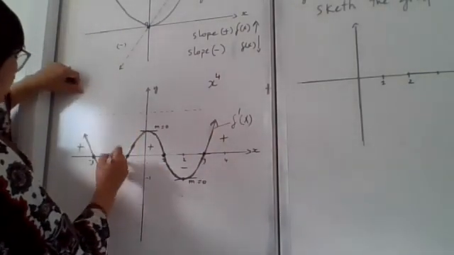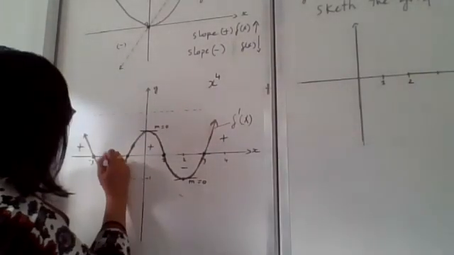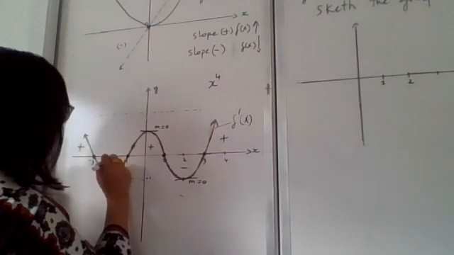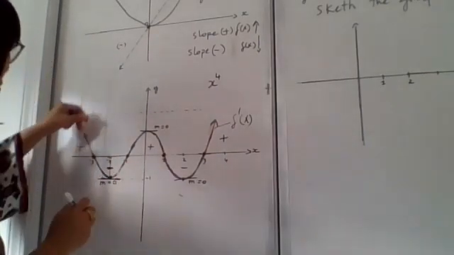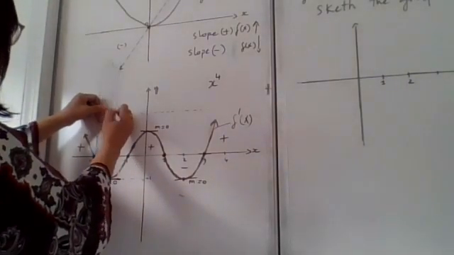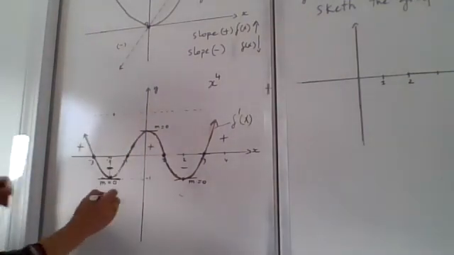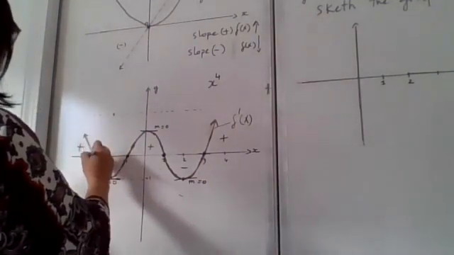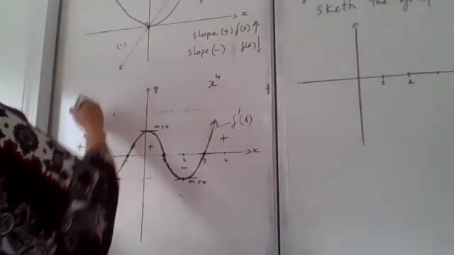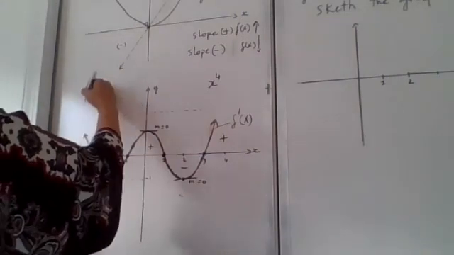So I know that at this point, my function will go through zero. So I'm going to mark right here. This is zero. My function will go through. And if I sketch the function, this is a positive slope, so the function is increasing.